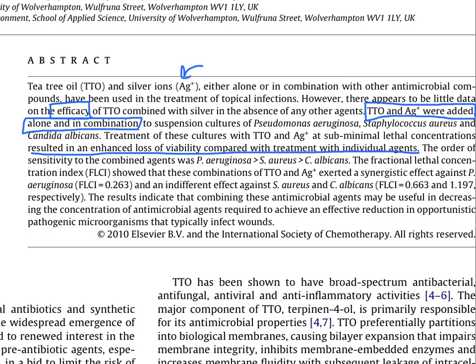Pseudomonas is greater than Staphylococcus, which is greater than Candida. So Pseudomonas was the most sensitive, the one most likely to lose viability, which we still don't know what that means, but we'll get there.